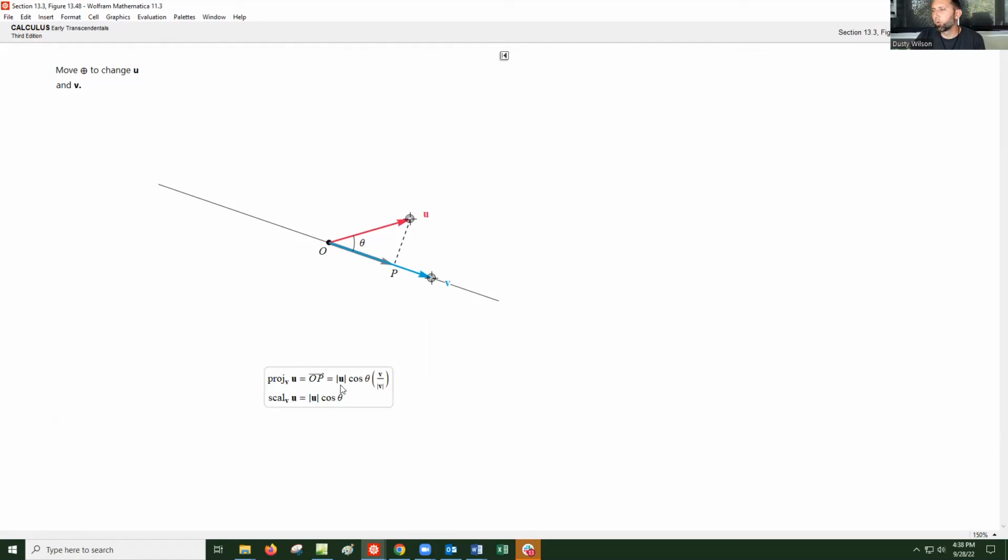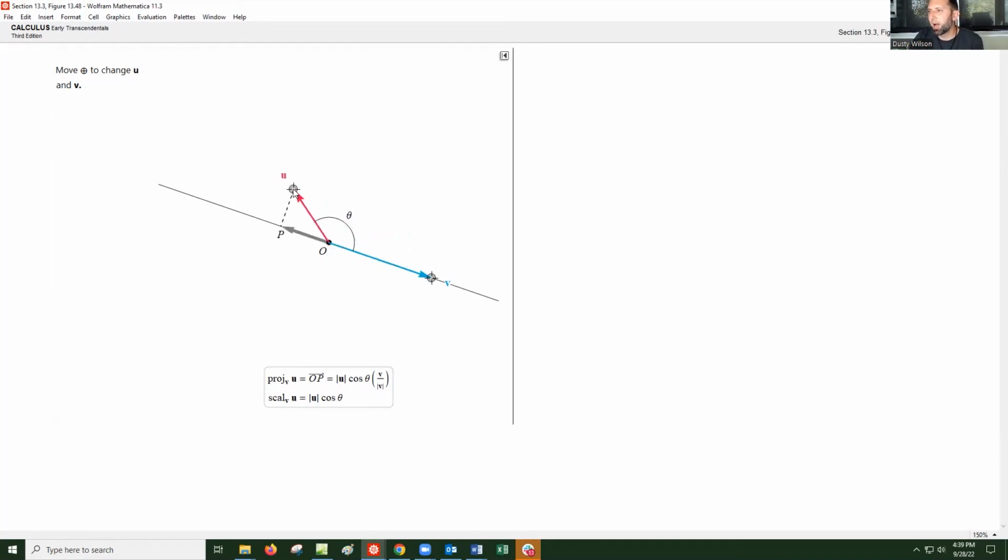The formula for it would be the magnitude of U times the cosine of theta times V over the magnitude of V. It's going to get bigger the closer they are together, because the cosine of a small angle is close to 1. And it's still going to be a vector, because V over the magnitude of V gives me a unit vector in the V direction.